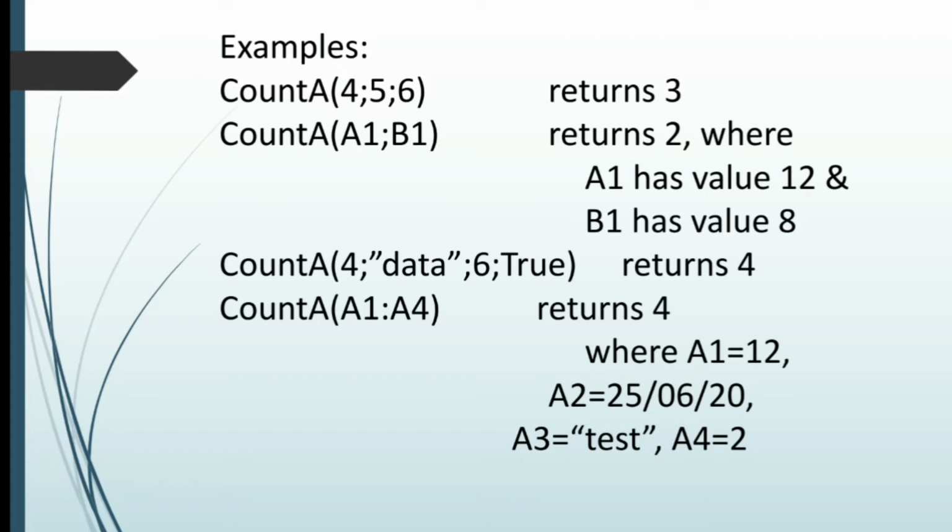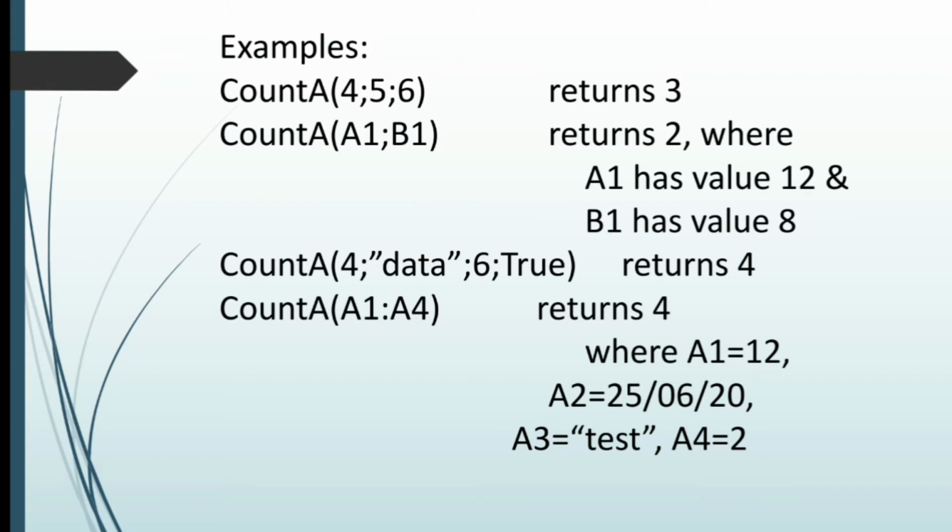COUNTA(A1, B1). It would also return 2, where A1 has value 12 and B1 has value 8. COUNTA(4, data, 6, TRUE). It returns 4 because data, which is a text, is also considered in COUNTA. So first value is 4, second is data, third is 6, fourth is TRUE, which would be converted to numeric 1.